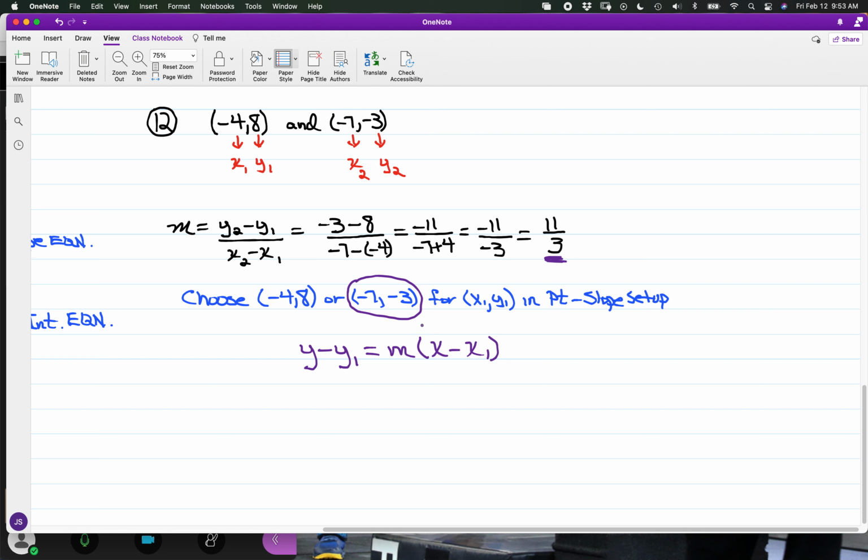Normally we say x before we do y, but again, we have the y terms out the front. So we have y minus y of 1. In this case, having chosen this point, y of 1 we have at negative 3. And the slope m we have at 11/3.